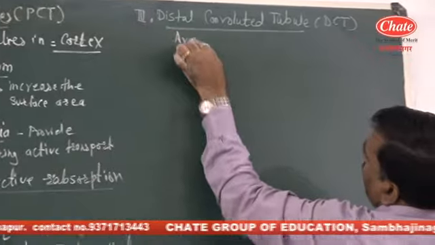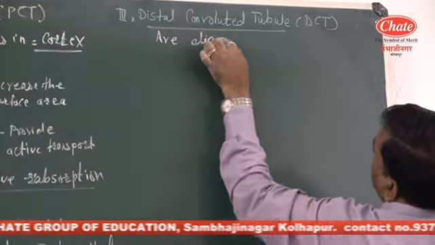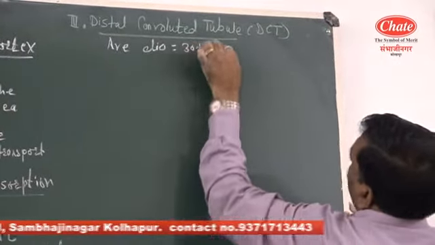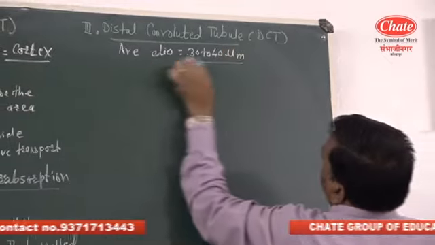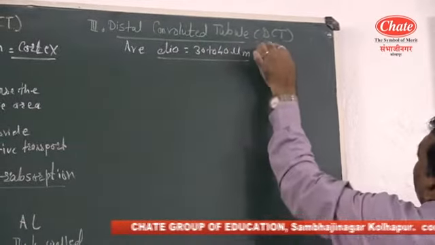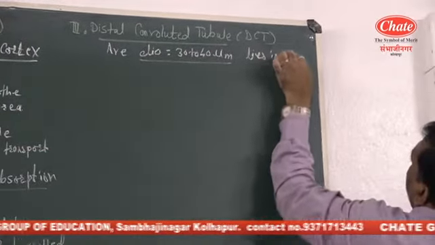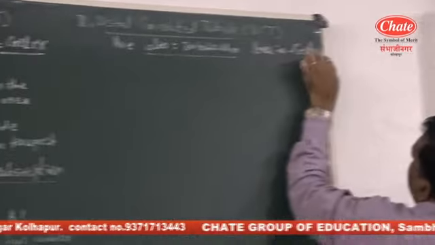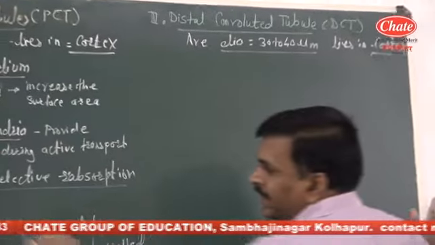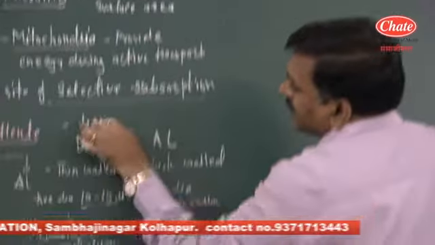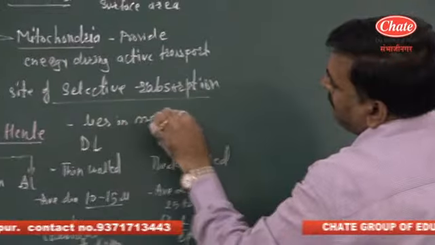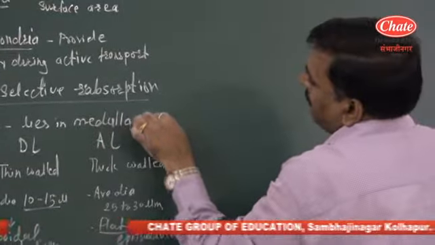Average diameter here is also 30 to 40 micrometer. It also lies in the cortex region, while Henle's loop lies in the medulla region.